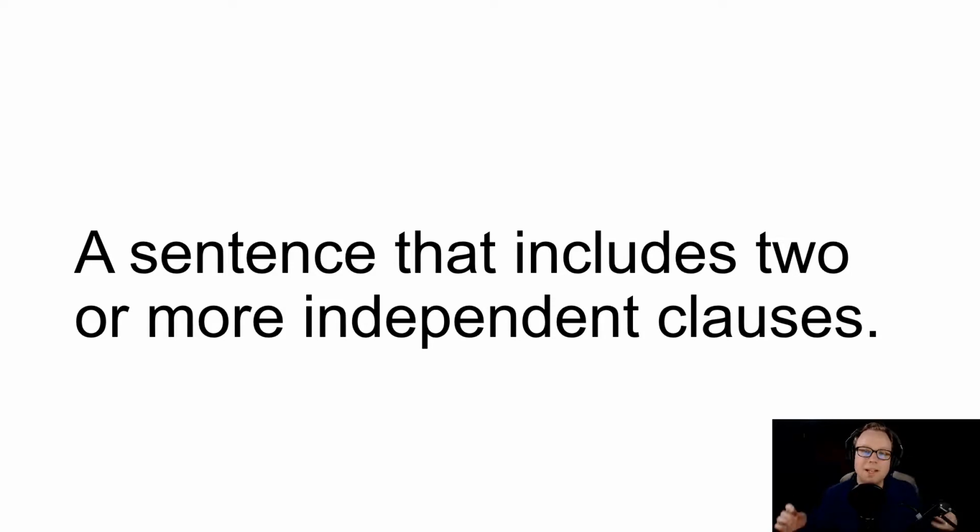In the previous video, I explained that an independent clause is a grammatical unit that includes a subject, a verb, and a complete thought. A compound sentence compounds that by having more than one of them. You could have 2, 3, 4, 5, 6. It could go on indefinitely. It still meets the criteria, but it starts at 2.